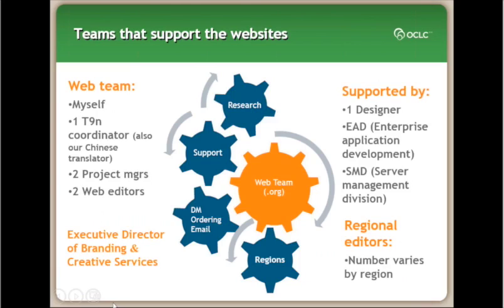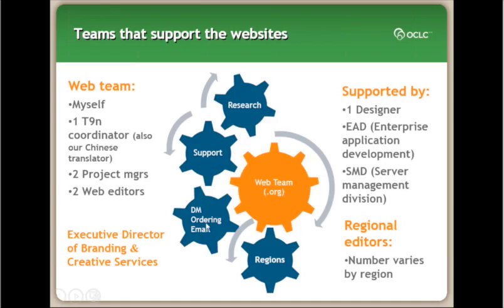If you look at the graphic here, the web team is central to the support of the websites, but there are specialized teams for special content at OCLC.org. So we have a couple of people who handle the research website, a small team of people who work on the support and training websites.